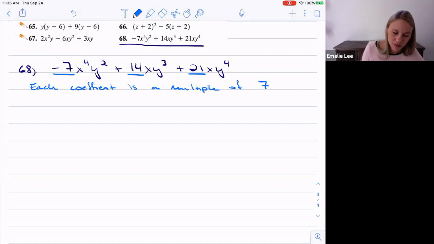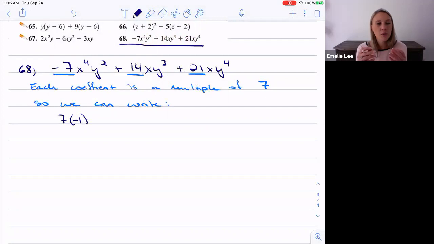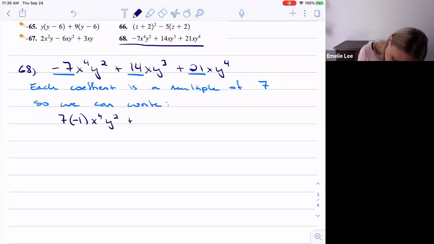Each coefficient is a multiple of 7, so we can write 7 times negative 1, right? Because I'm not going to pull out negative 7. That's going to make dealing with the 14, if I pull out negative 7 from 14, it just makes it a little bit harder to look at. So I'm going to rewrite it as 7 times negative 1 x to the power of 4 y squared plus 7 times 2 x y to the 3 plus 7 times 3 x y to the fourth.